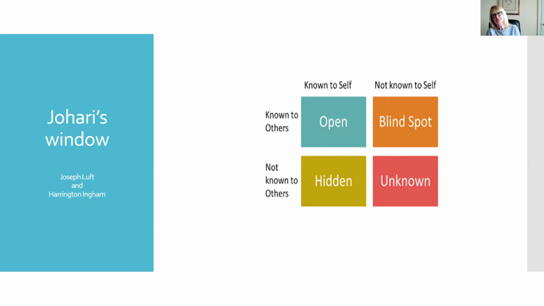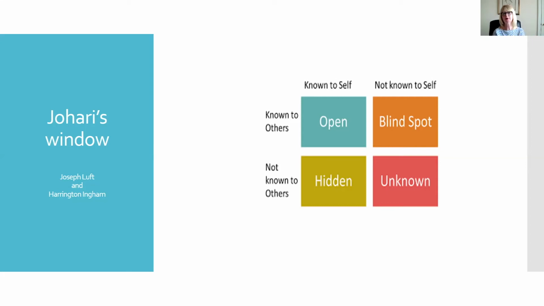So although this Johari's window is portrayed as 4 equal windows or 4 equal boxes, the idea behind it is that if you are in a relationship, in work, or indeed outside of work, in a home environment, if you feel comfortable and you trust people that you're with, then the open part of Johari's window will be much bigger than as it's portrayed at the moment in this particular PowerPoint.